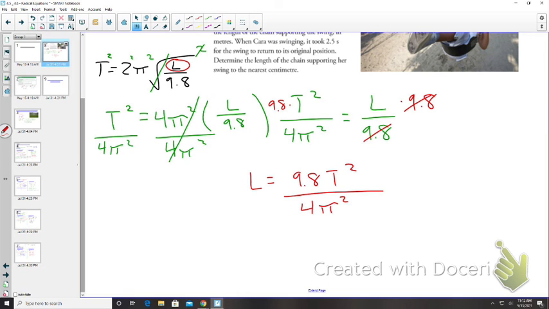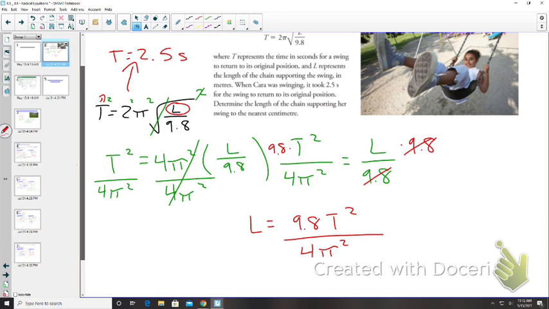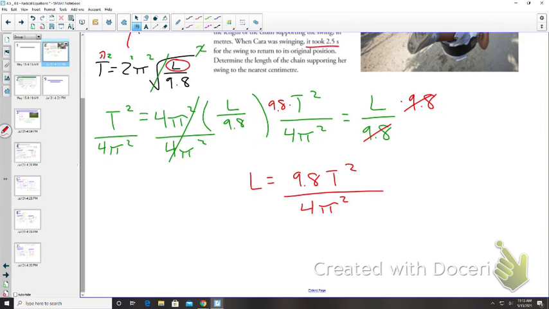Okay, we know our T. It was given in the question, right? So our T is 2.5 seconds. So let's go ahead and substitute that into this formula. So 9.8 multiplied by 2.5 seconds squared divided by 4 pi squared.